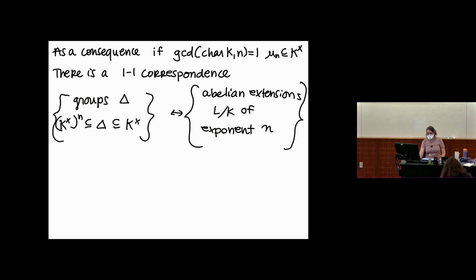Which is kind of a baby case of this classification of abelian extensions that we get from class field theory. What we got from class field theory was all abelian extensions of Q_p corresponding to some open subgroups of Q_p cross.